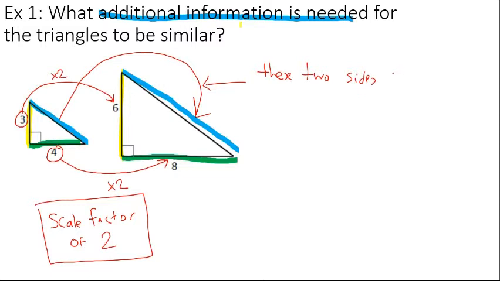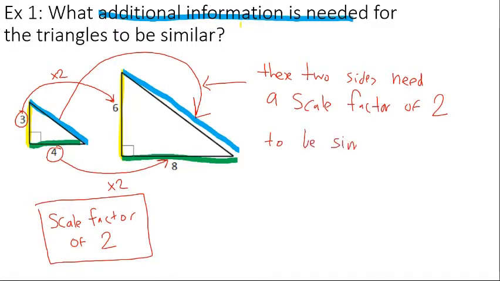Sides need a scale factor of 2 to be similar. Okay, so that's what we need for additional information needed. Just those two sides need to have a scale factor of 2.